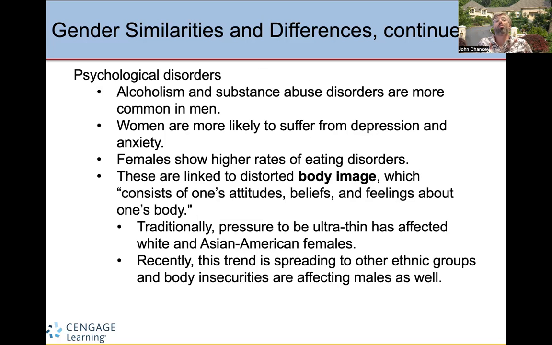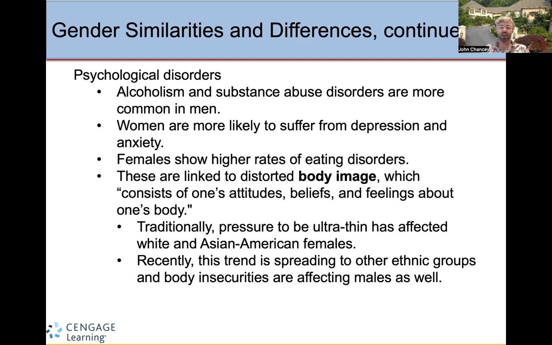What about psychological disorders? Men are more likely to experience alcoholism and substance abuse. Women are more likely to experience depression and anxiety. Females also tend to show higher rates of eating disorders linked to things like body image, distorted body image. We live in a society, especially American society, Western society, where thin is in.